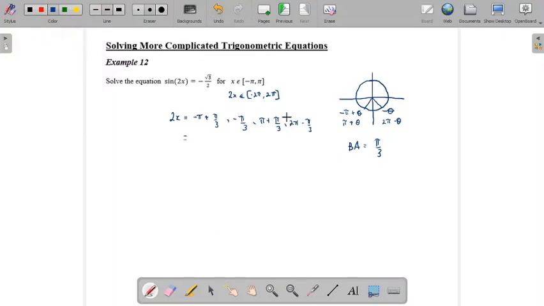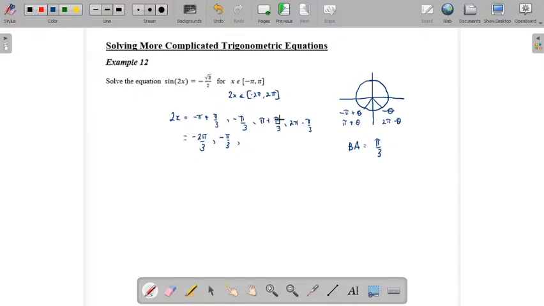Let's simplify each of these. So that's negative 3 pi/3, excuse me, negative 3 pi/3 plus pi/3. So that's going to be negative 2 pi/3. This remains unchanged at negative pi/3.